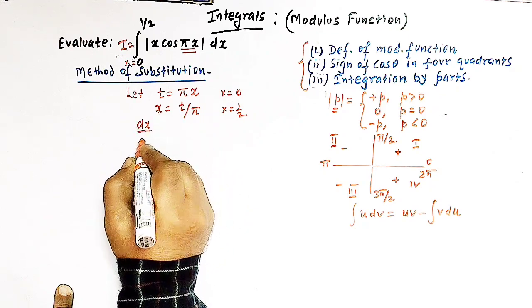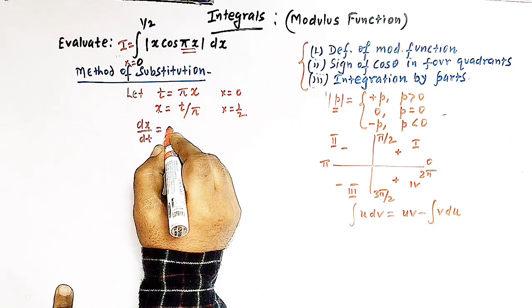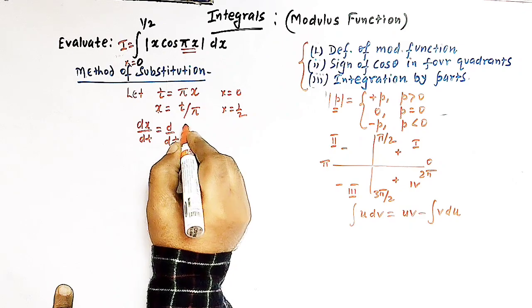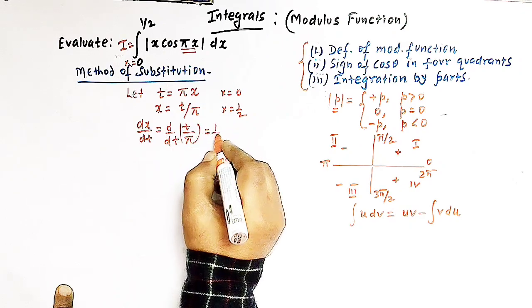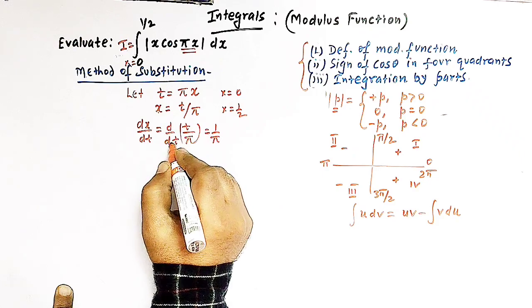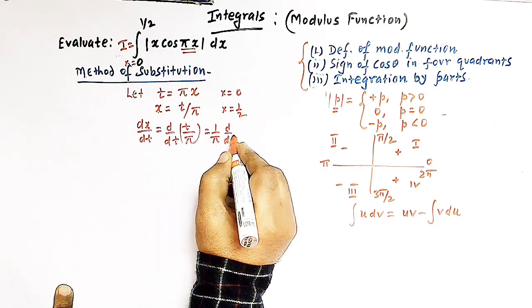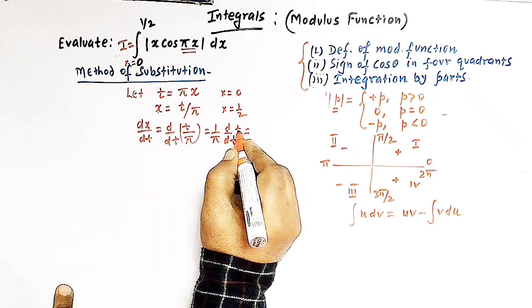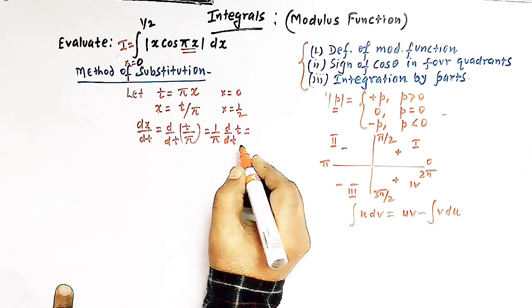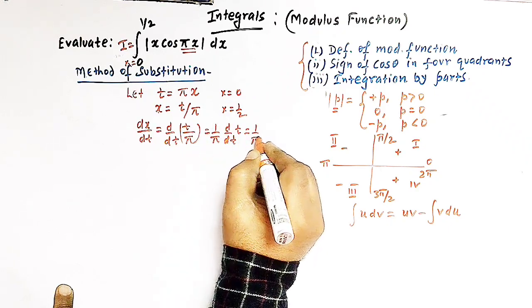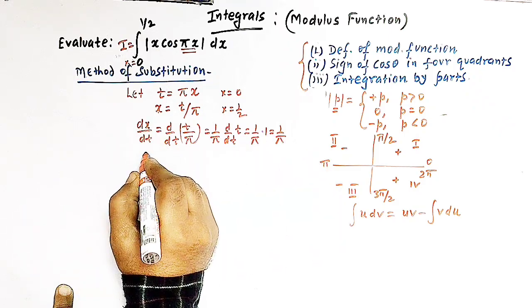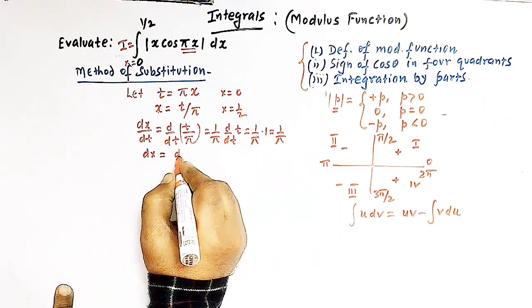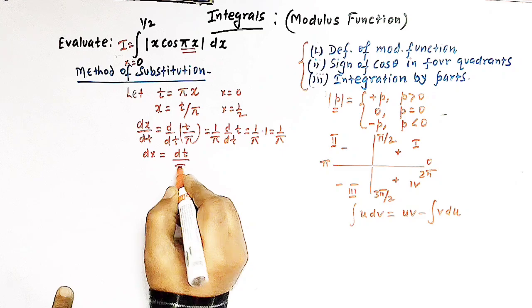So we have dx over dt is equal to d by dt of t over pi, and we can take 1 over pi outside this operator. So we have d by dt of t, and the derivative of t with respect to t is 1. So we have 1 over pi times 1, that is 1 over pi, right? So now we can write dx is equal to dt over pi.